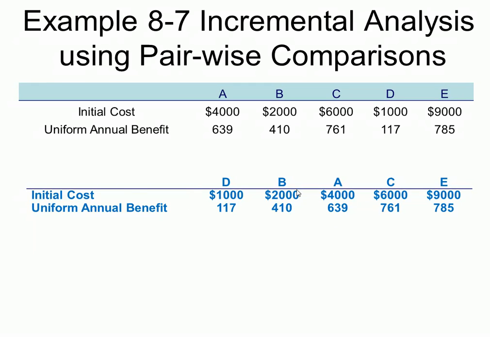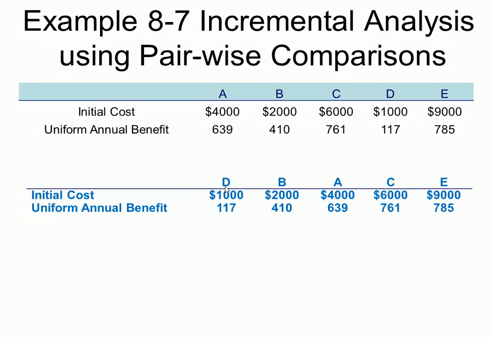So we would start first, right? So this is without relying on graphical analysis. Without relying on graphical analysis, we would rank the alternatives in terms of increasing initial cost, starting with the lowest initial cost and going all the way up to the highest initial cost.